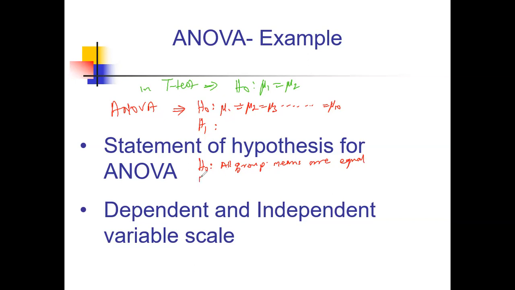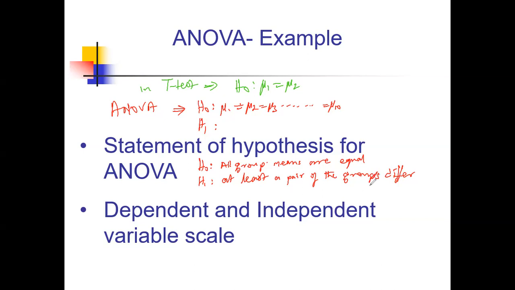The alternative hypothesis is that at least a pair of the groups differ. What does that mean in this context?